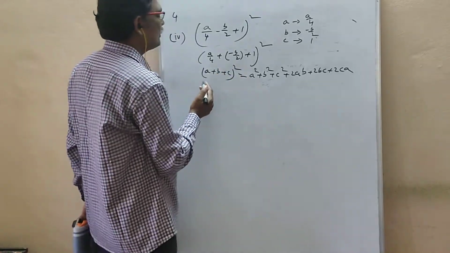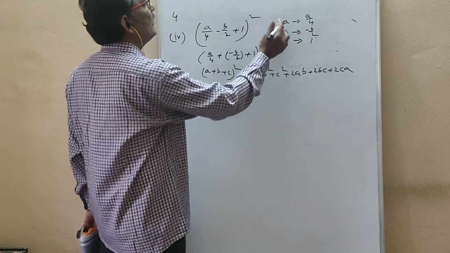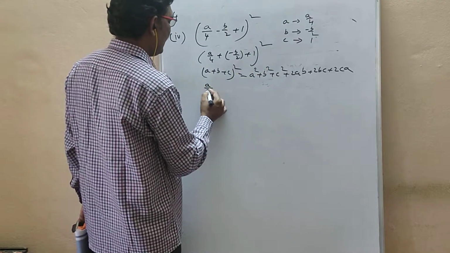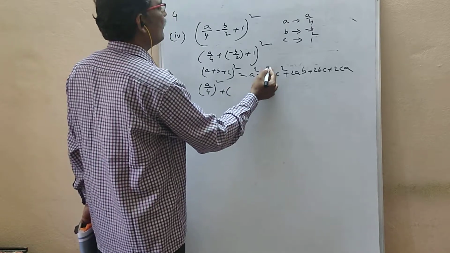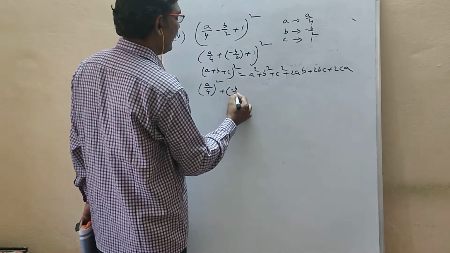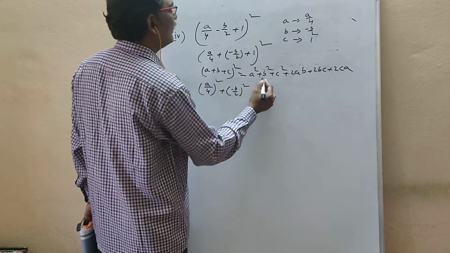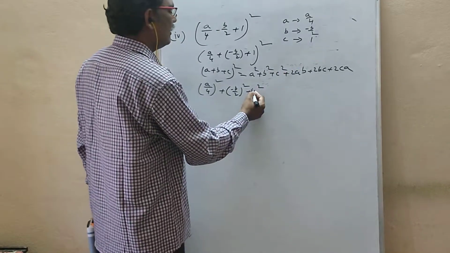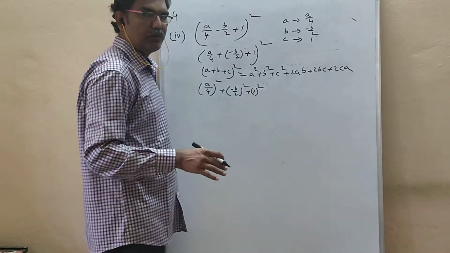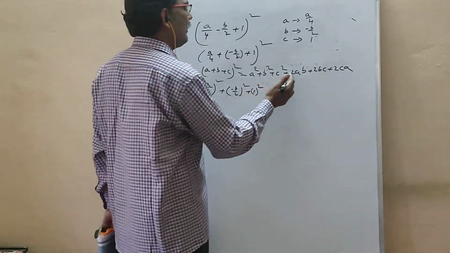So now substitution. a square, a means a/4, so you write (a/4) whole square plus b square, b means here minus b/2, whole square, plus c square, c means here 1. For 1, if you keep brackets or not, nothing will happen.